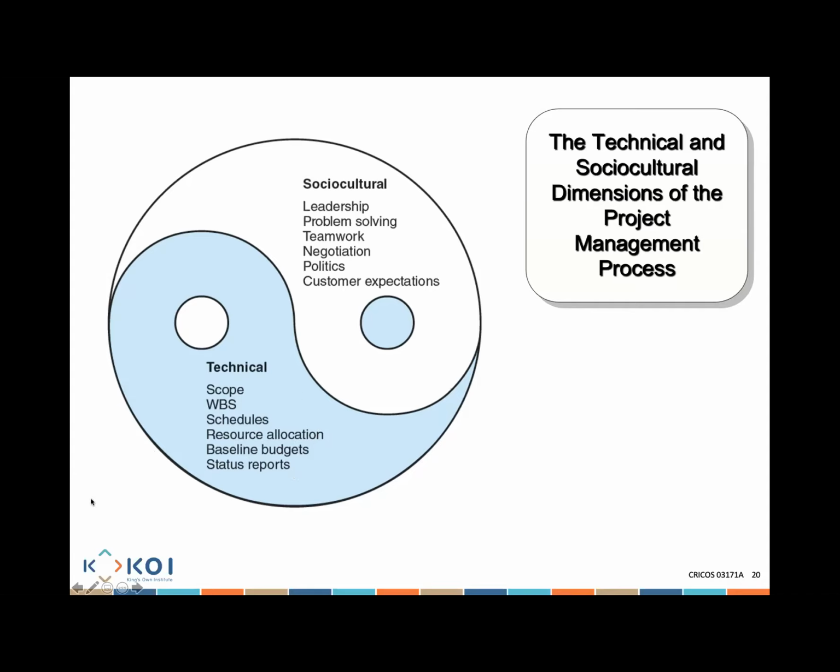All of these components are things that I will make sure you are going to be learning and applying as part of your assignment. So you must learn the sociocultural skills of project management and the technical skills of project management, which together enable you, my friends, to achieve the right outcome.